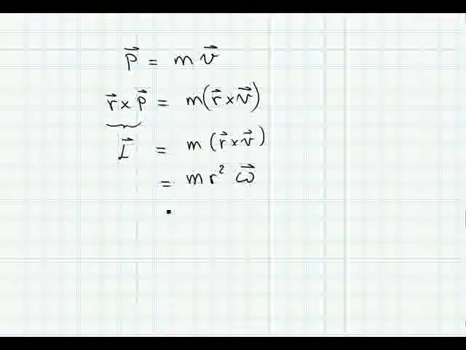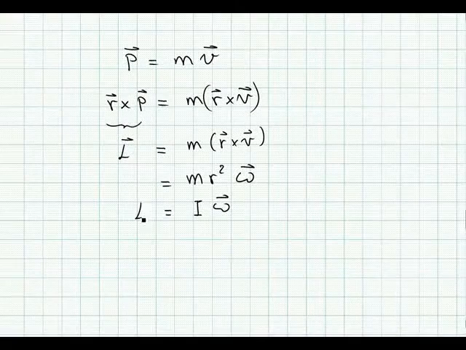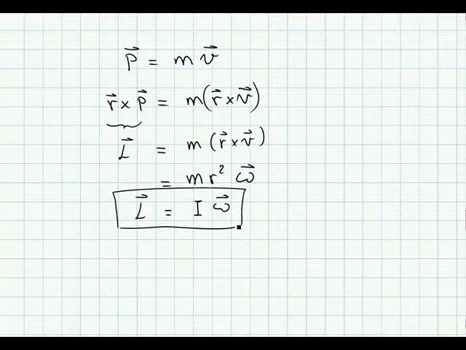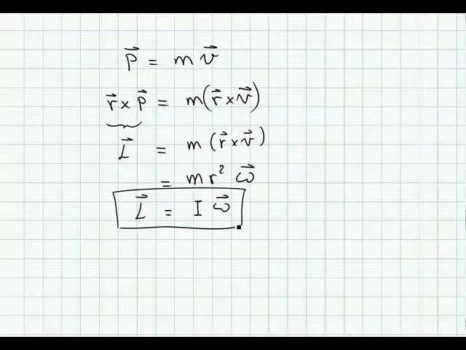So m r squared we had defined as moment of inertia, I, and omega takes its place. So therefore angular momentum is given by I omega.